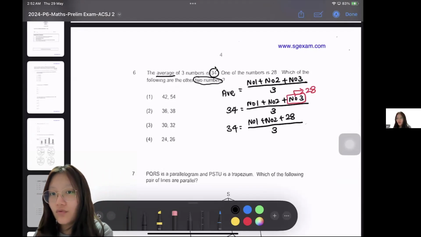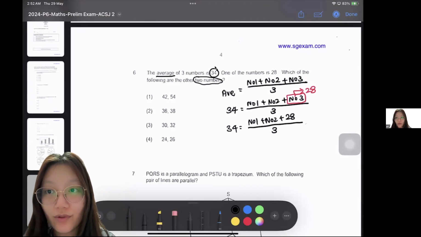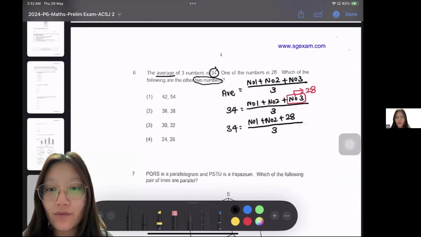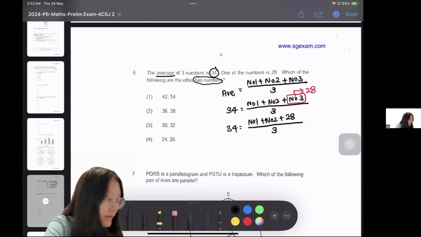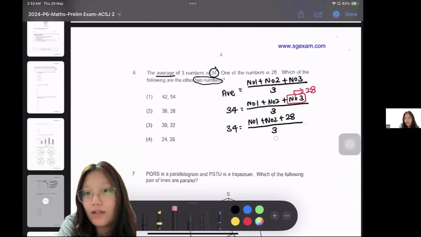Now we need to learn how to bring things over. So if you want to bring anything over, you must change the sign to the opposite sign. So as you can see for the 3 at the very bottom over here, this 3 is a divide by 3 because there's this divide line.